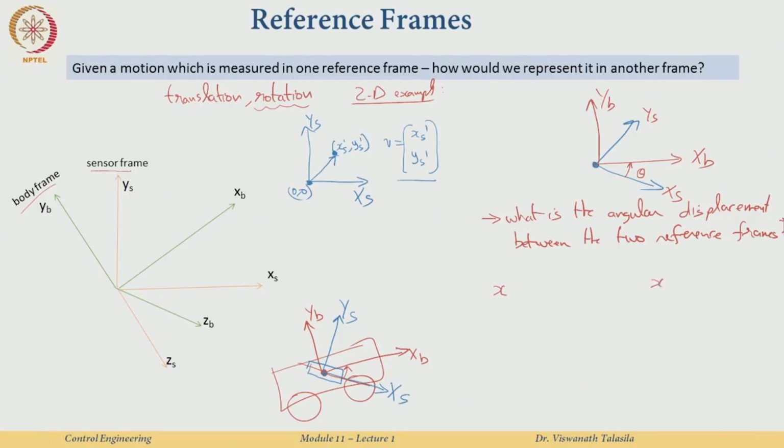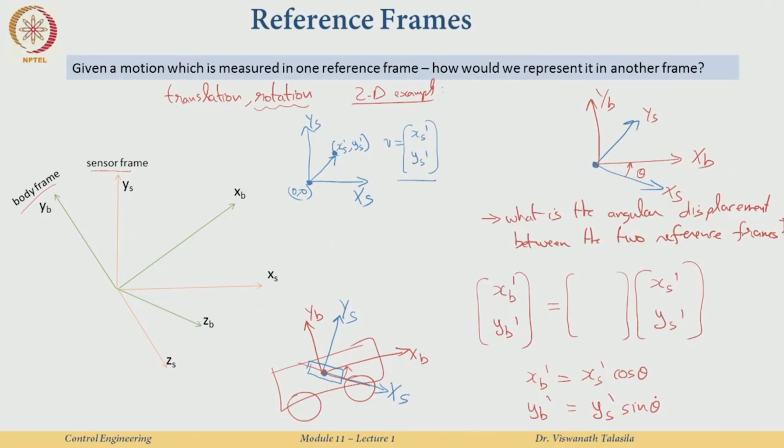Given x sensor 1 and y sensor 1, I want to express this in my body coordinates. I want to know what x body 1 and y body 1 are, and the way you would do it is really simple. x body 1 would be nothing but x sensor 1 times cos theta. y body 1 would be nothing but y sensor 1 times sin theta.